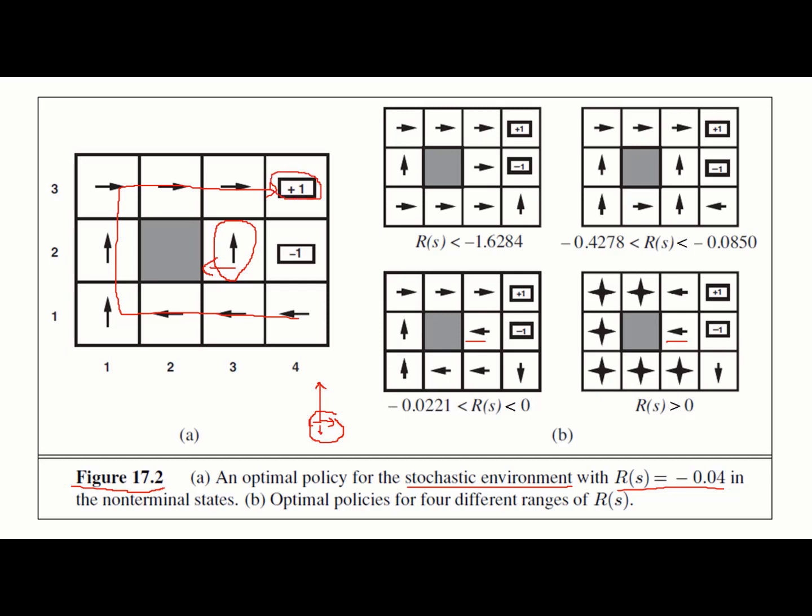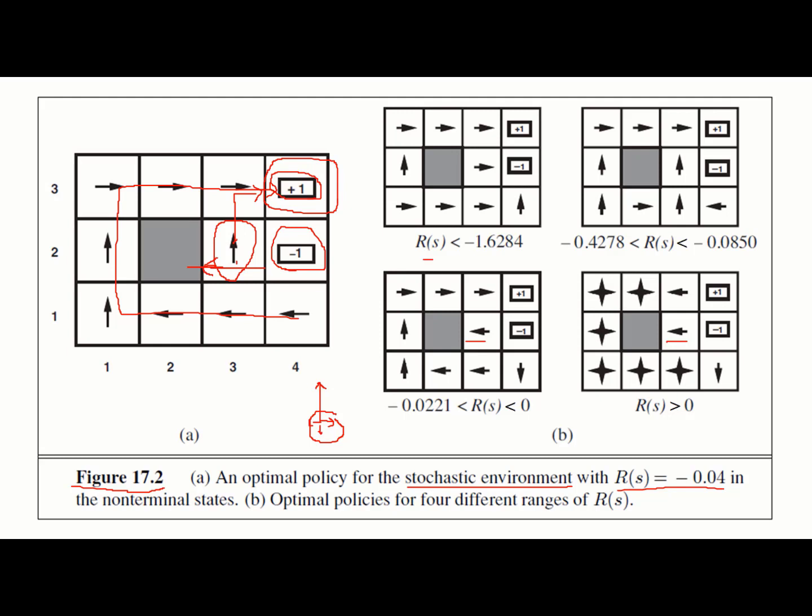So we can say that the robot's policy is to find the positive reward terminal state wherever it is. If it is here, it is searching for a path that leads to the terminal state +1, and obviously it is avoiding the minus terminal state.